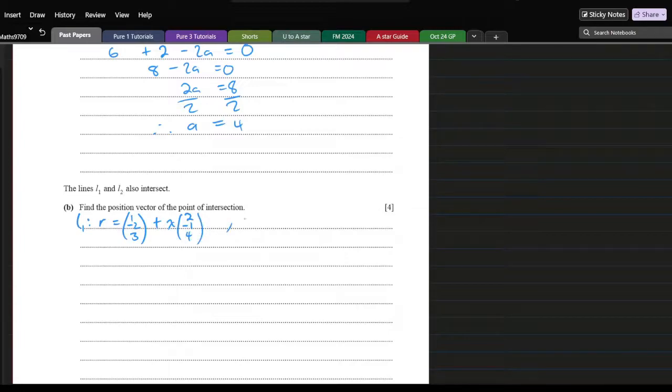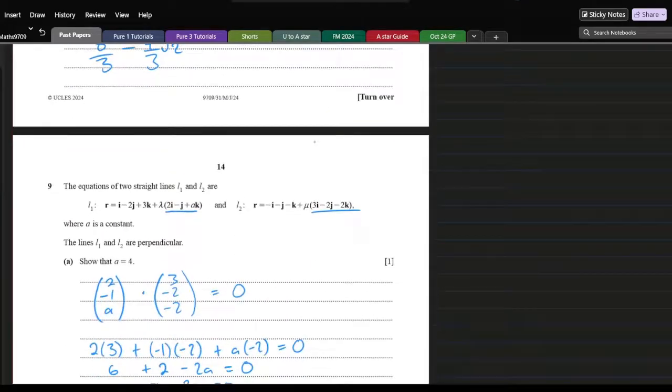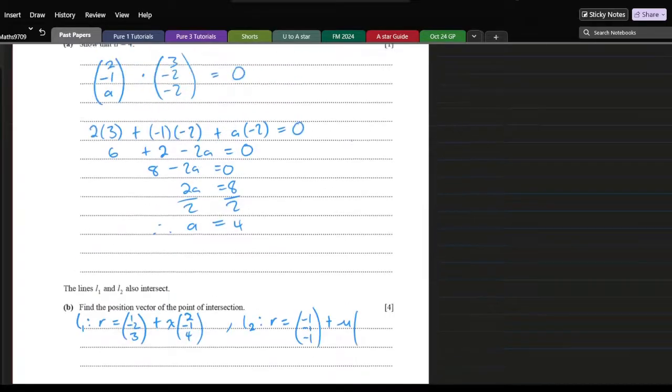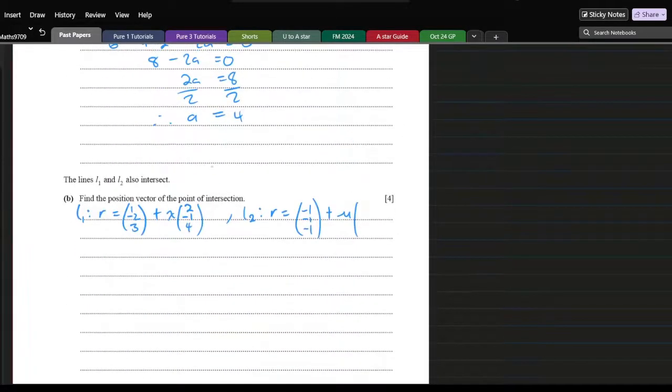And then we've got L2, which is r equal to (-1, -1, -1) plus mu, and our direction vector is (3, -2, -2).